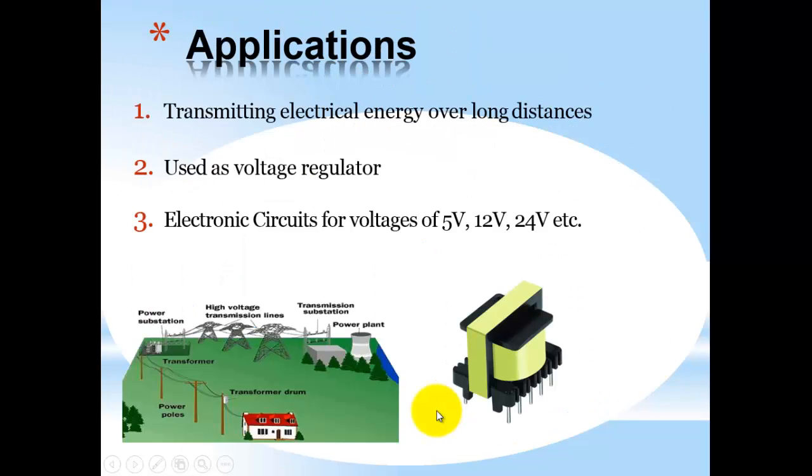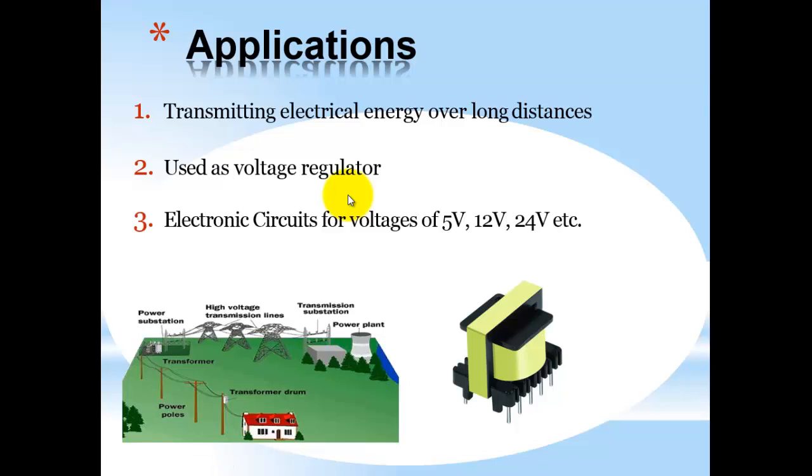Where do we apply the transformer? The main and most important application of the transformer is in electrical power systems, where it is used to transmit the power at high voltage level, and then it is used in the power substation to reduce the voltage level for the customer. Also, these transformers are used to regulate the voltage.